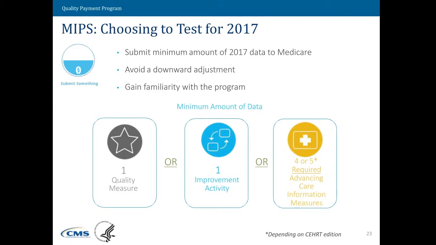And what I mean by a minimal amount of data, it could be as minimal as 1 quality measure, 1 improvement activity, or the base elements of the Advancing Care Information performance category. Those base elements of either 4 or 5 required measures, that depends upon your edition of certified EHR technology. Again, you don't have to do all of these. You could just do one of these things and avoid the negative 4% penalty.